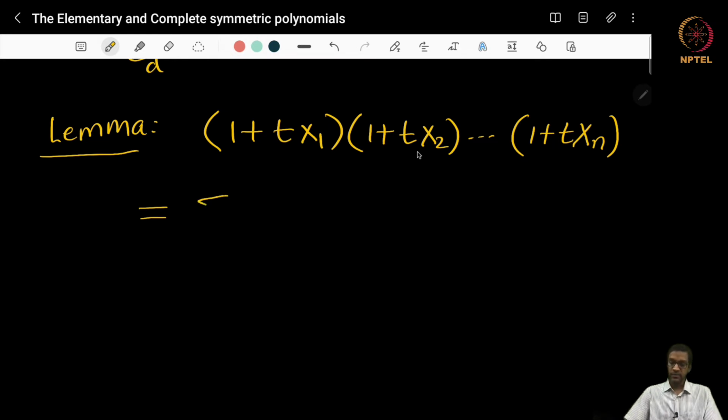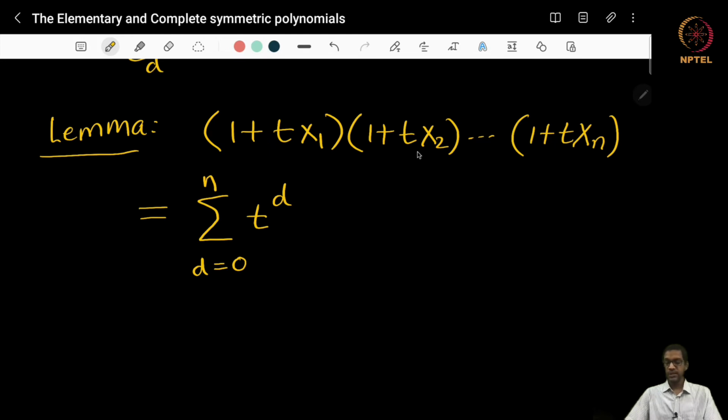I've introduced a t here that should be thought of as a new formal variable t. And what we're going to do is to try and expand this out in powers of t. Okay, so what's the smallest power of t you can get? Well, I can get t to the power 0, that's the constant 1 here. And what's the largest power of t I can get? Well, I can get n.